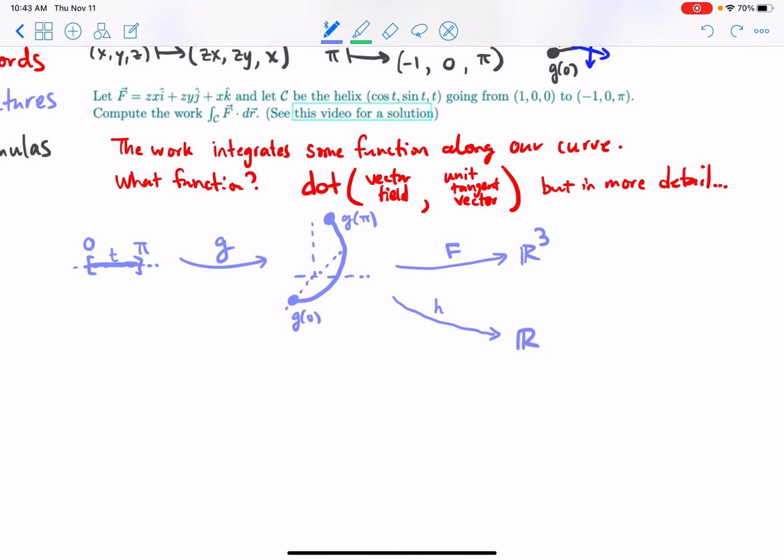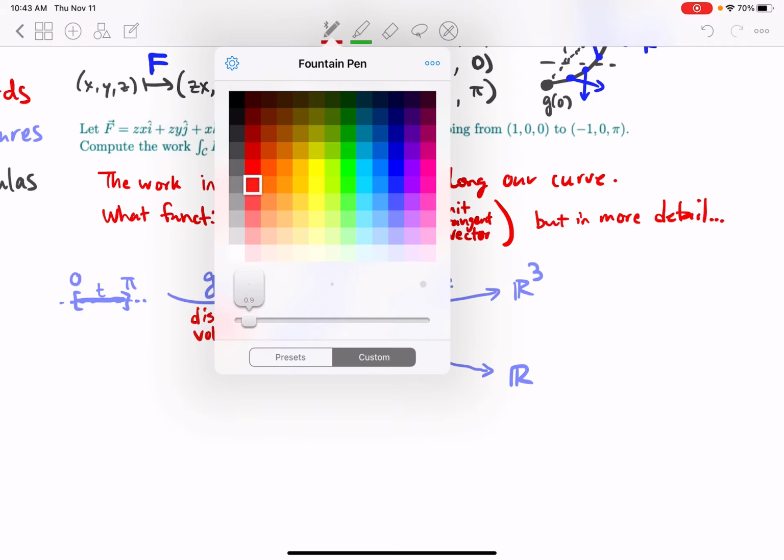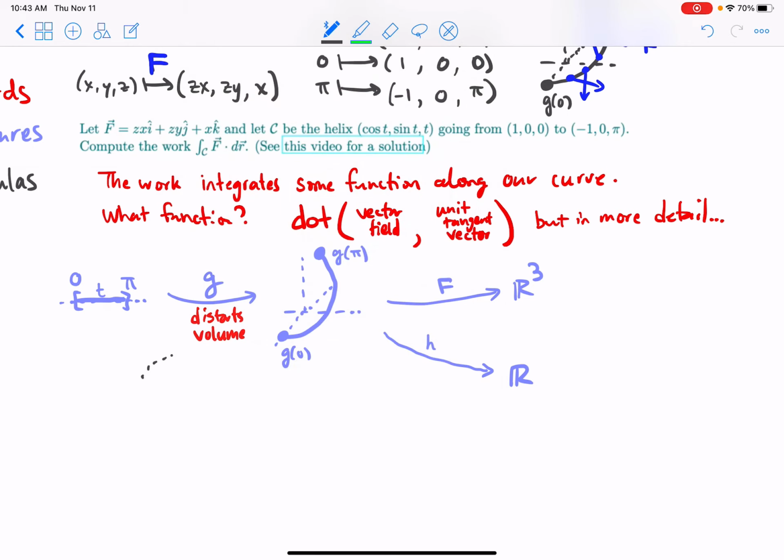So first, let's compute the change in volume factor. Because G distorts volume, in this case one-dimensional volumes, which is length. And so we need to compute the change in volume factor, and that is going to be the square root of the determinant of the gram matrix of this thing.